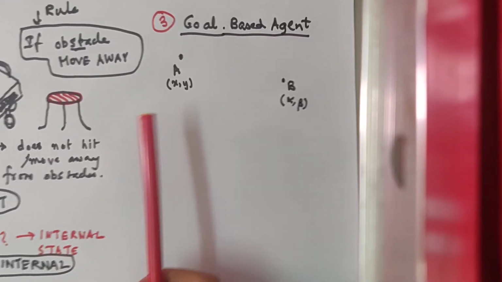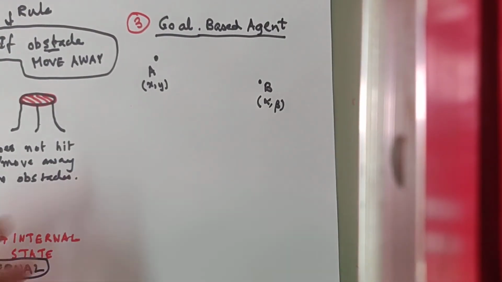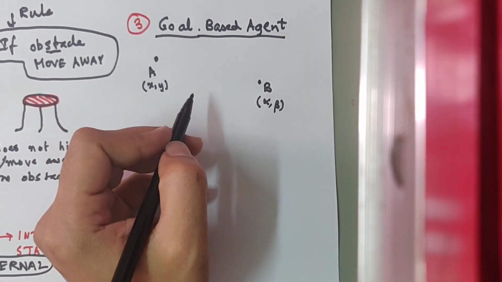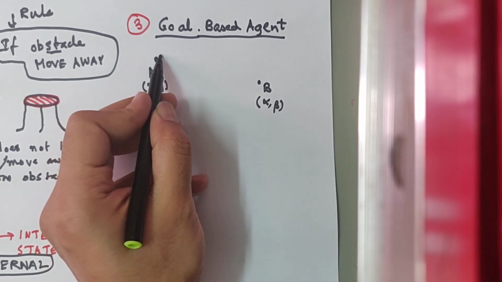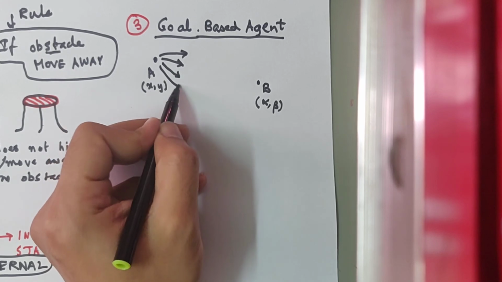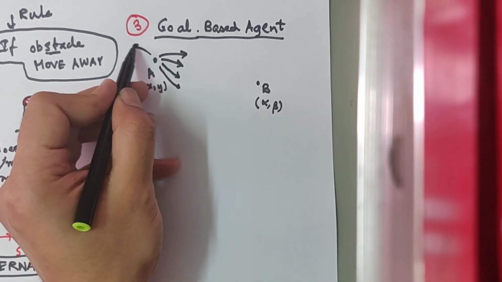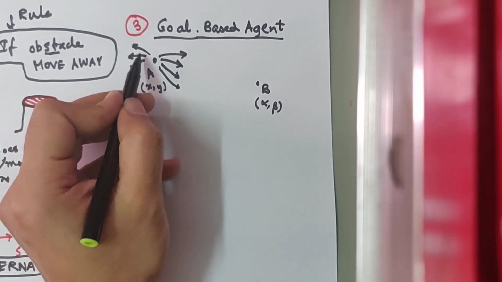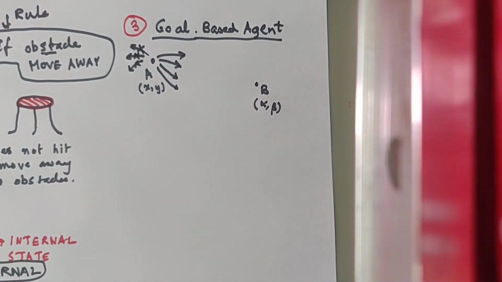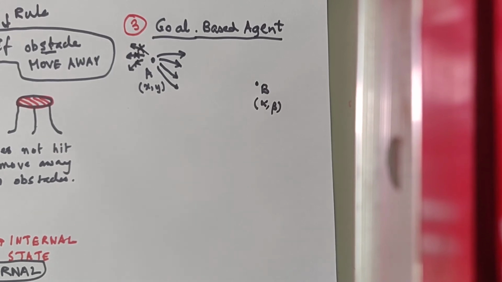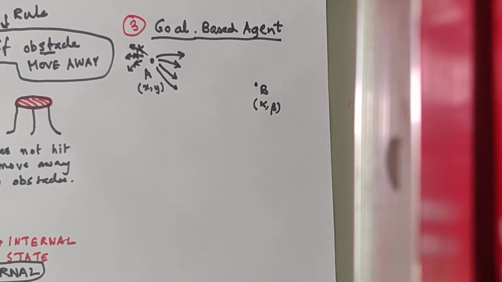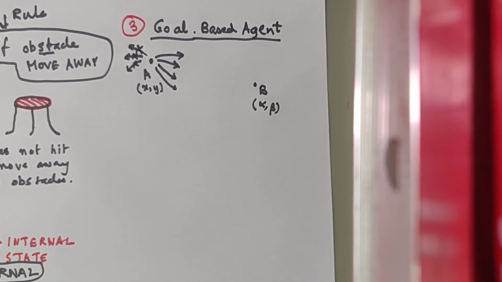Now in this goal-based agent, the robot will only take a step which will take it closer to its goal. It could have gone anywhere, but now it will cancel all those movement directions. So this is the third example, the goal-based agent.